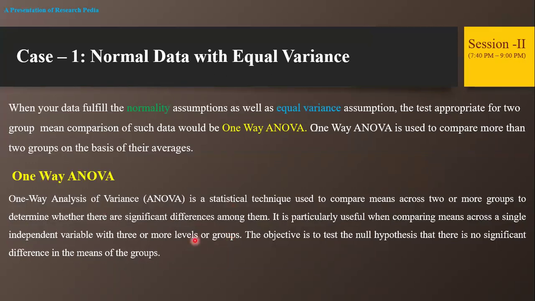It means there should be one continuous variable, which may be an interval scale or ratio scale variable. You are going to compare that variable across more than two categories or groups. The objective is to test the null hypothesis that there is no significant difference in the means of the groups.